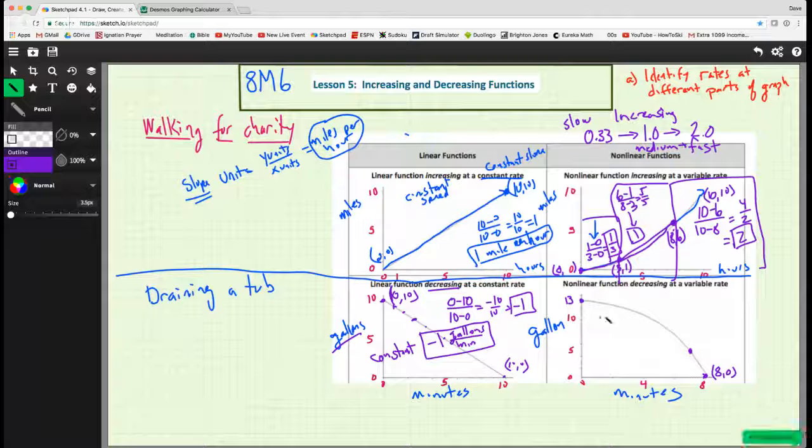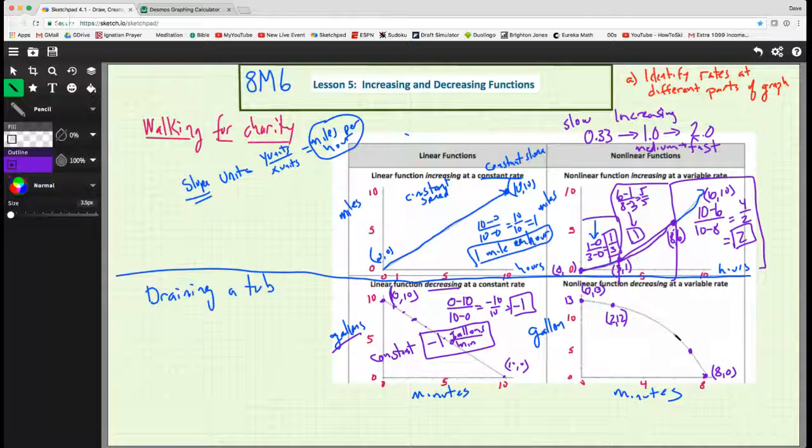And so let's do that right here. Let's make these our examples. So right here, this is 0 comma 13. This here is 2 comma 12. Let's forget about that other point.